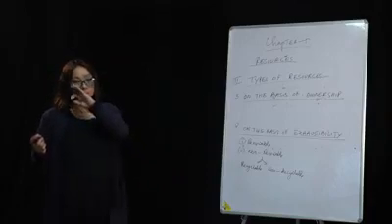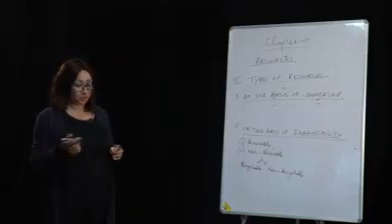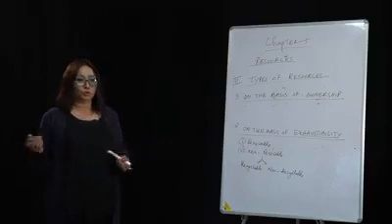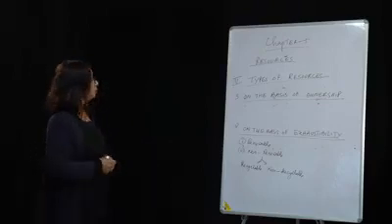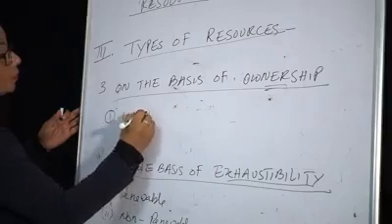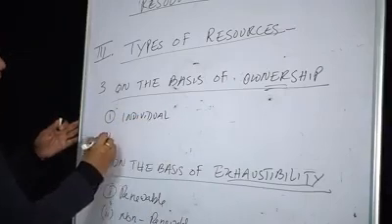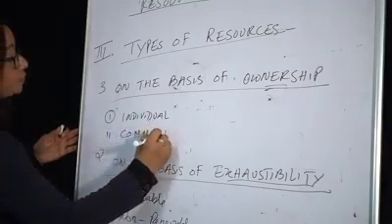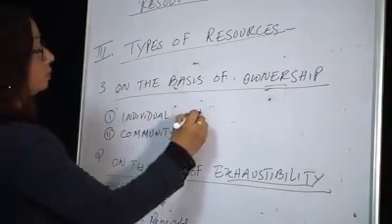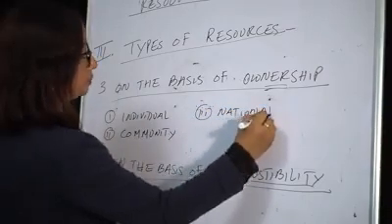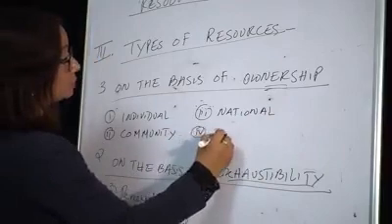Who owns it? An individual private person owns it. A community owns it. A nation owns it. Or internationally, many countries own it. The international community owns it. So on the basis of ownership, we classify resources as individual, community, national, and number 4, international.